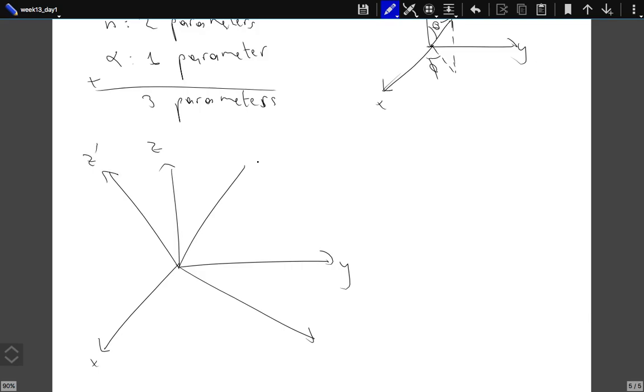Let's say this is z prime, this is y prime, this is x prime. So you start with some coordinate axes x, y, z. After an arbitrary rotation, that axis just has a new orientation. You start from here, then you reach here.